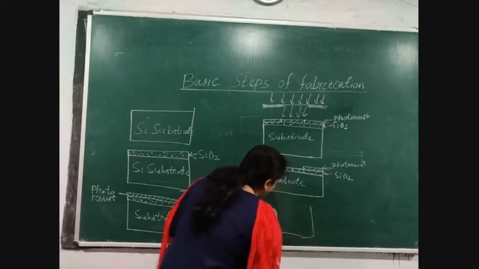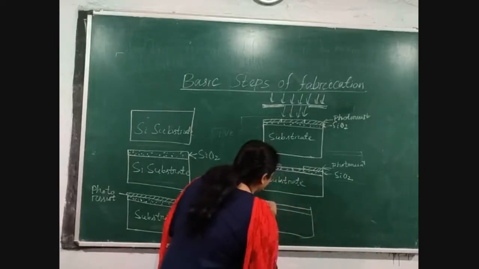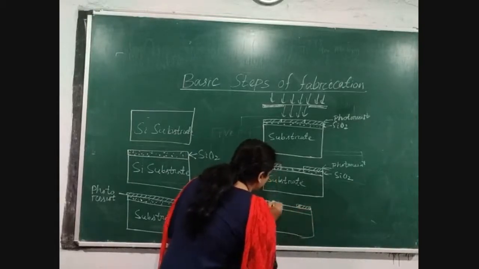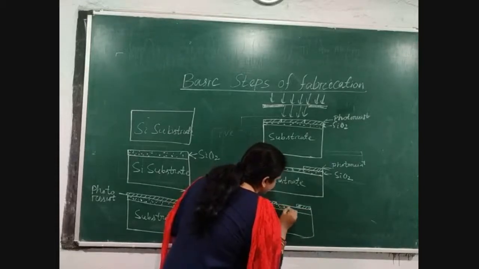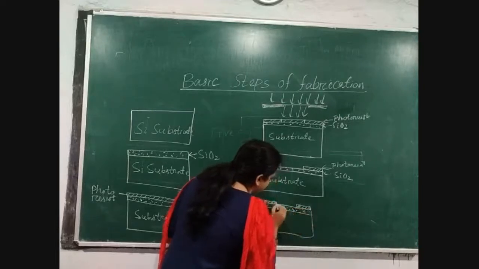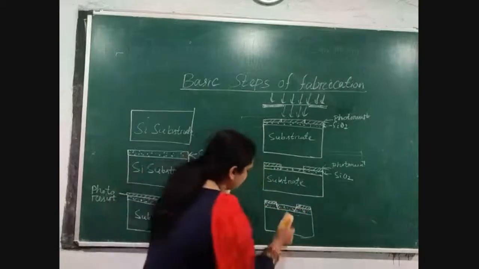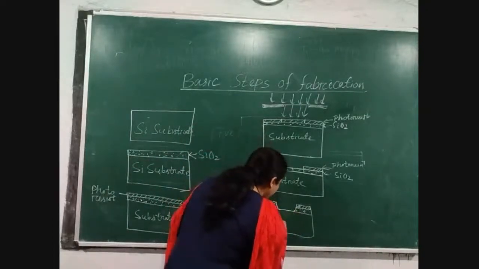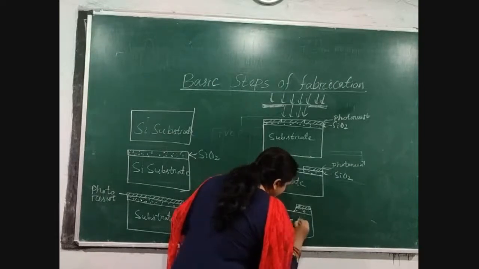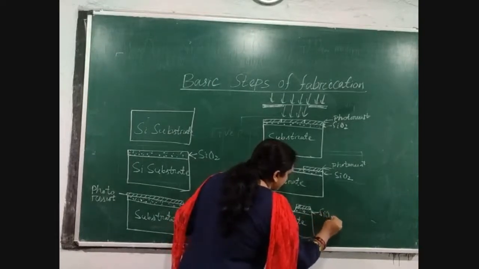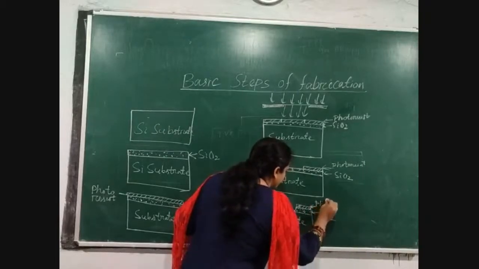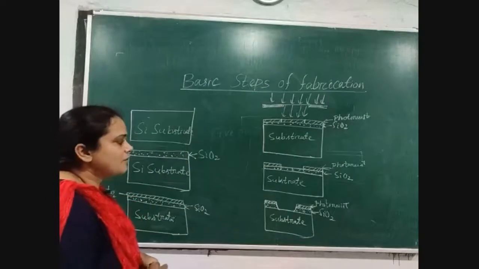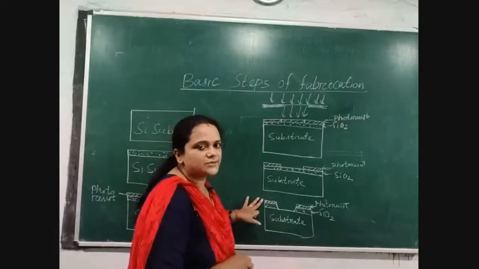So it looks like this. Okay, in the last step we remove the remaining part of the photoresist using an etching process.